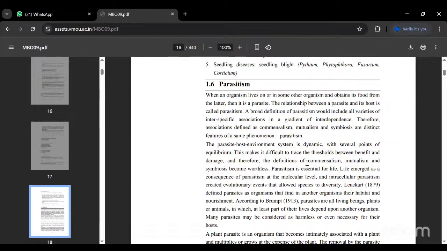A broad definition of parasitism would include all varieties of interspecific associations in a gradient of interdependence. Therefore, associations defined as commensalism, mutualism, symbiosis, or distinct features of the same phenomena are called parasitism.